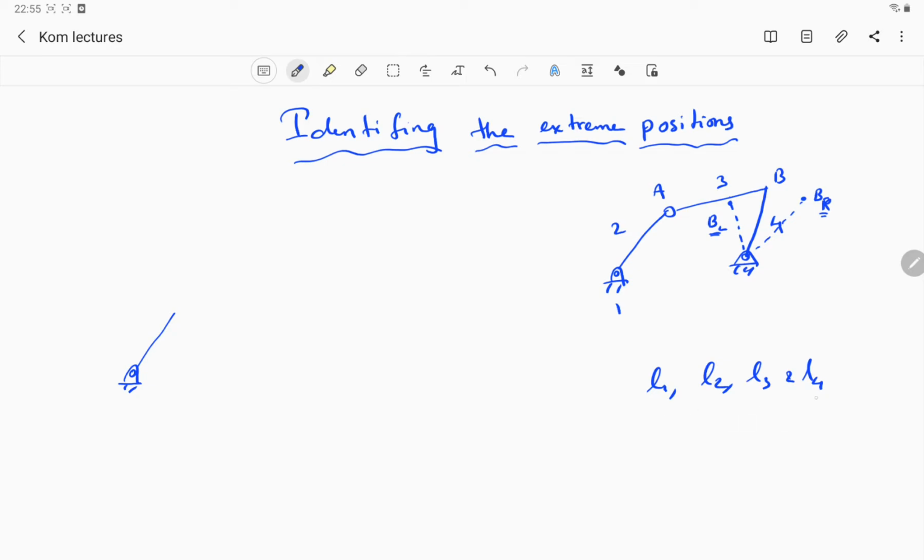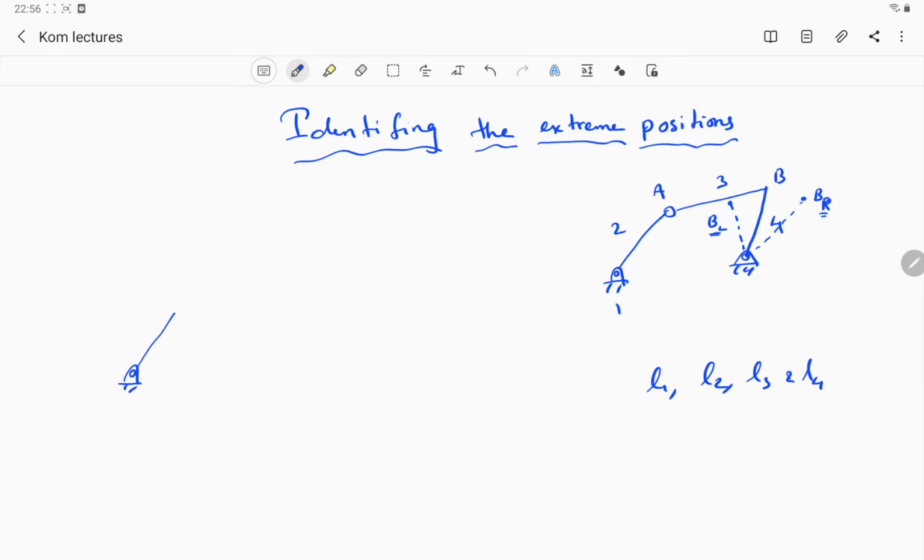We know only these four variables, the link lengths, but we do not know theta, because once we define theta we know a single configuration, but the extreme positions are two different configurations.